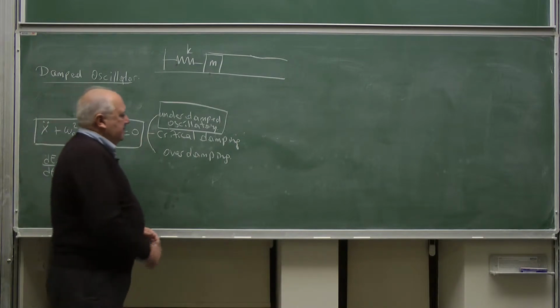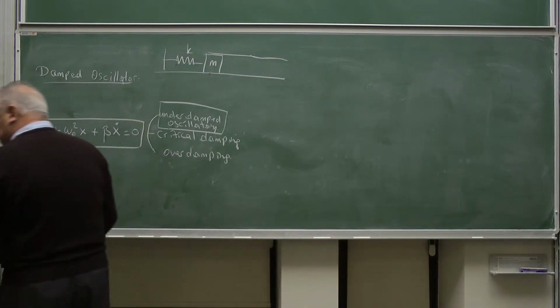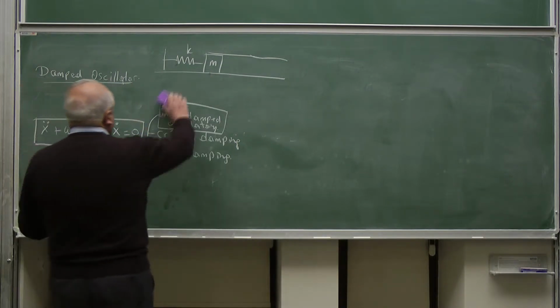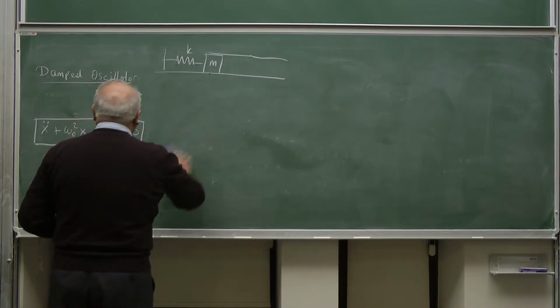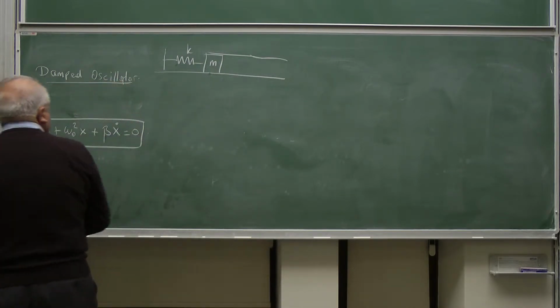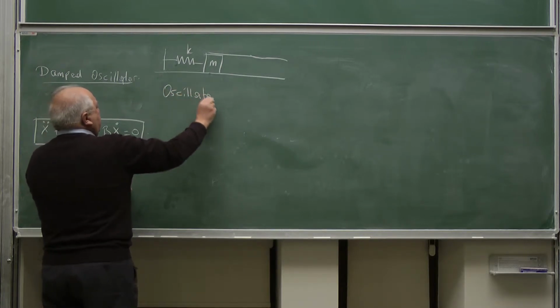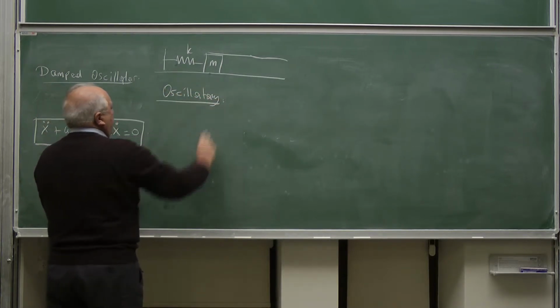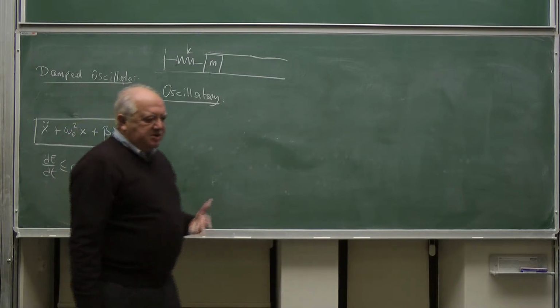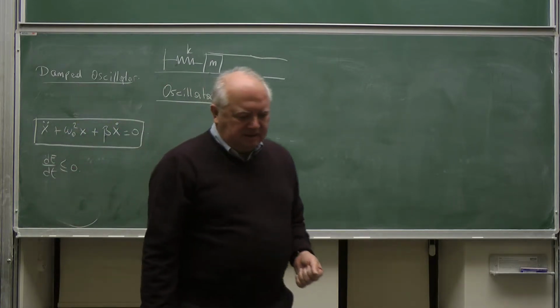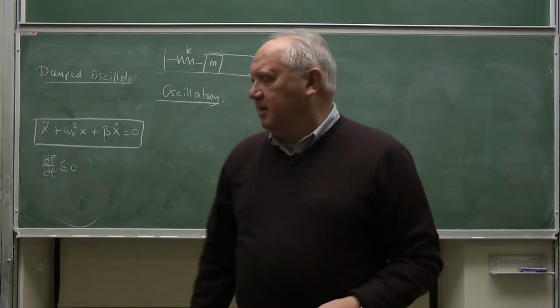Okay? So this is the limit we shall study. So we are looking at the oscillatory solution, because most vibrating systems still vibrate even though they are under some friction.